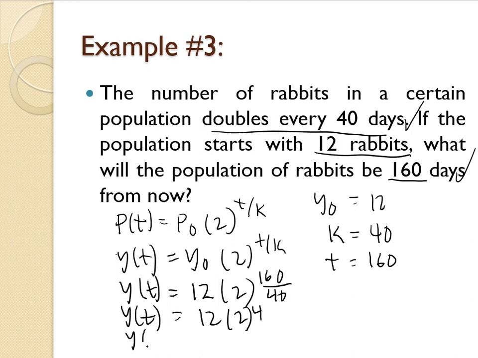So y of t equals 12 times 2 raised to 4, which is 16. So 12 times 16 equals 192 rabbits. Therefore, the population of rabbits 160 days from now will be 192 rabbits.